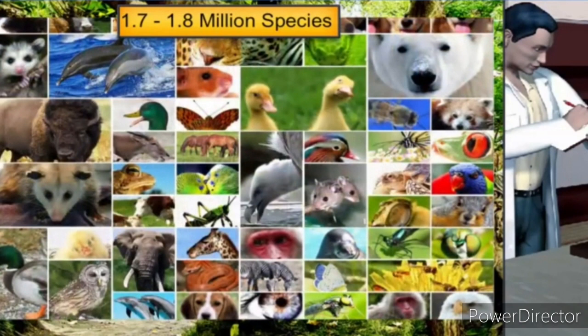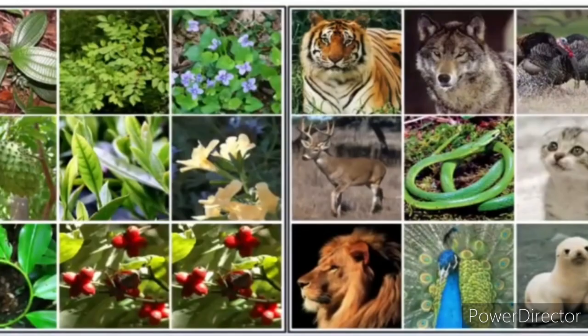The living organisms present in different places, that is called living diversity, or the number and type of organisms present on earth. We should remember here that as we explore new areas and even old ones, new organisms are continuously being identified. There are millions of plant and animal species present in the world.